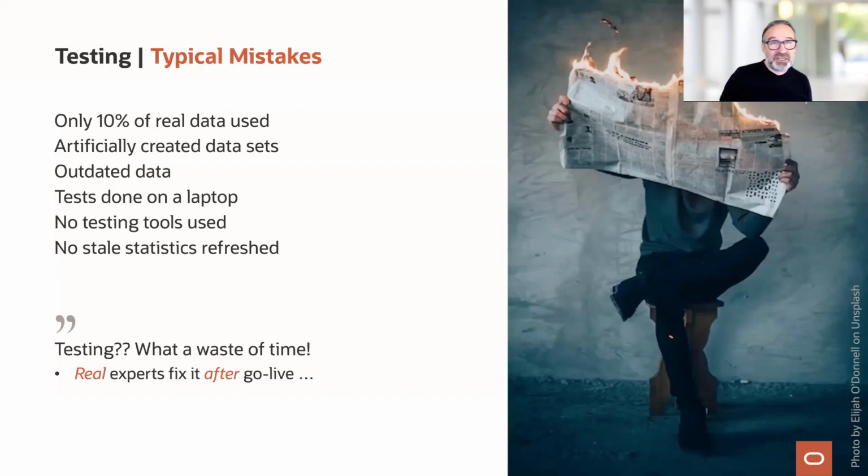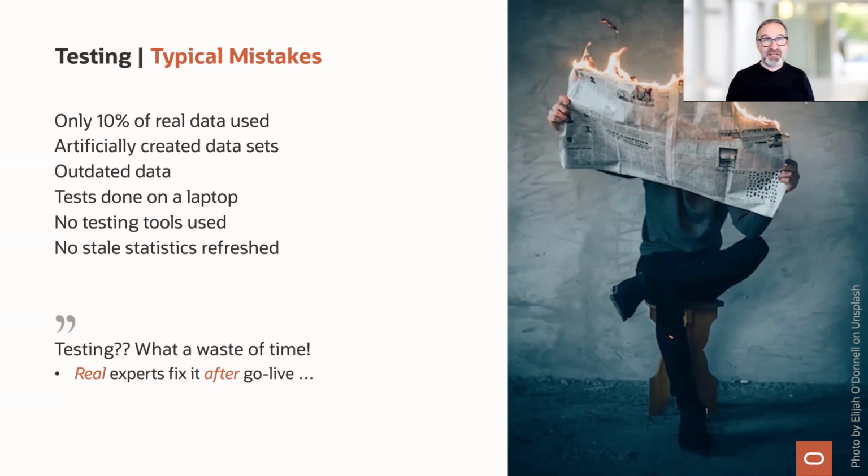Now, as we work in reference projects with people out there, we see typical testing mistakes. And this is just an excerpt of what we see and what we saw out there. And we can just tell you here, don't do that or try to avoid this, no matter how big the constraints are. Only a subset of data used, artificially created data sets, outdated data from a year ago, or what makes me always smile, testing done on a laptop. We had that, believe me.